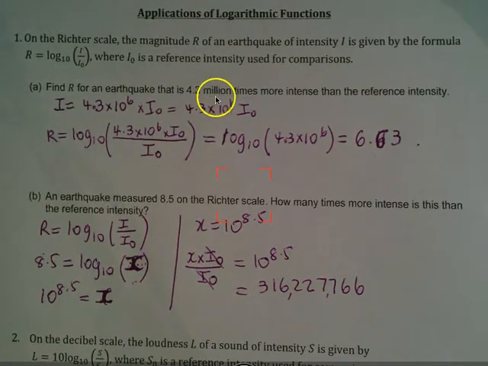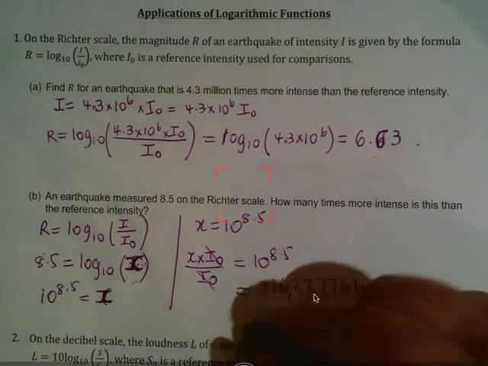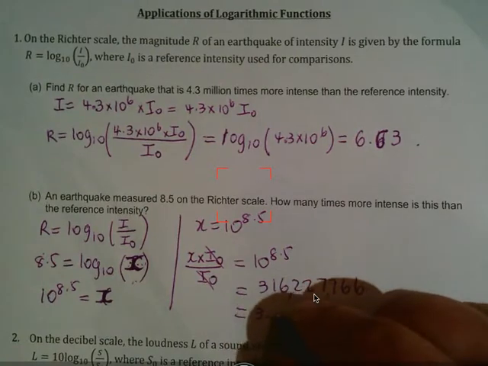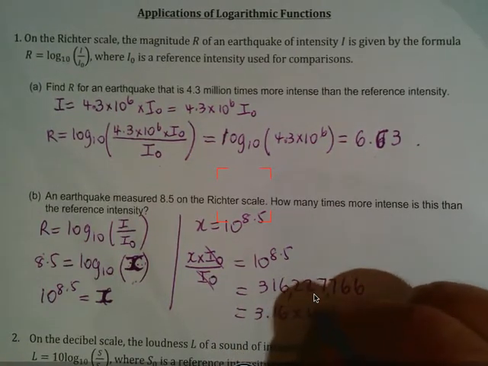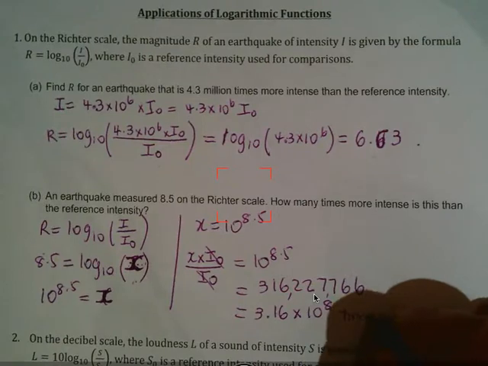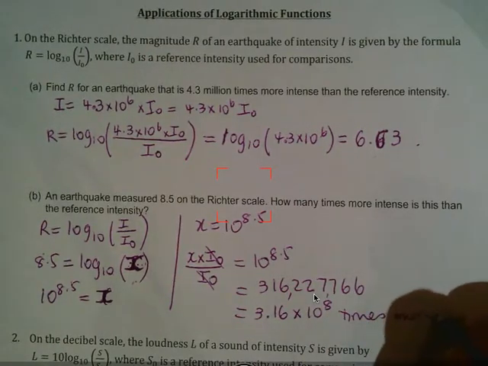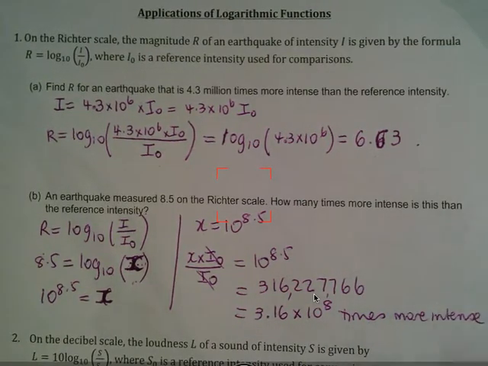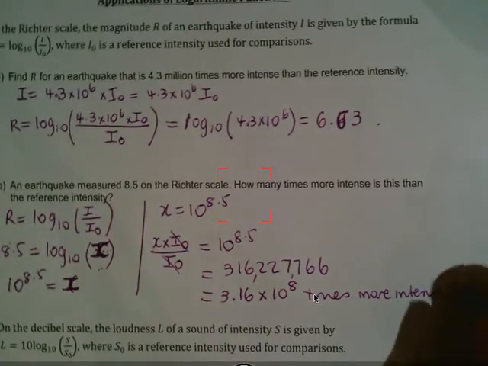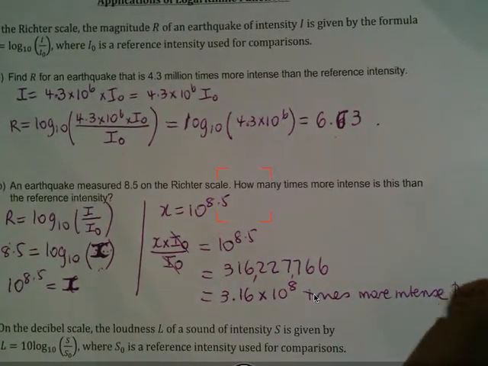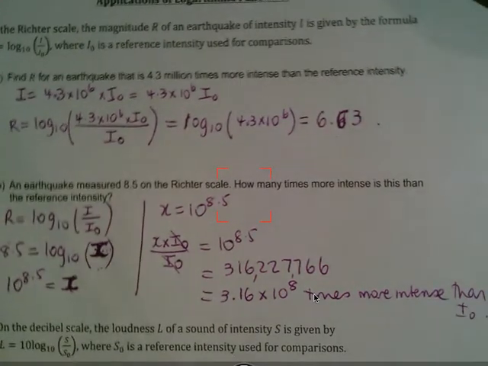The other one was 4.3 million times more intense. This is 316 million times more intense, or 3.16 times 10 to the power of 8 times more intense than the reference intensity, which is I0. Okay, let's look at the decibel scale now.